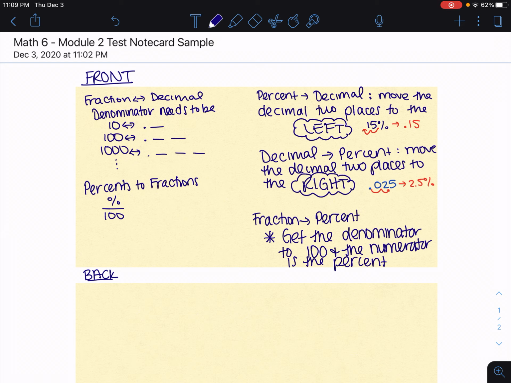And again, you can include examples of any of these like I did. So if I'm given 29%, that's going to be 29 over 100. If I'm given 18%, that's going to be 18 over 100. And I'm going to simplify by dividing by 2, and I get 9 over 50.